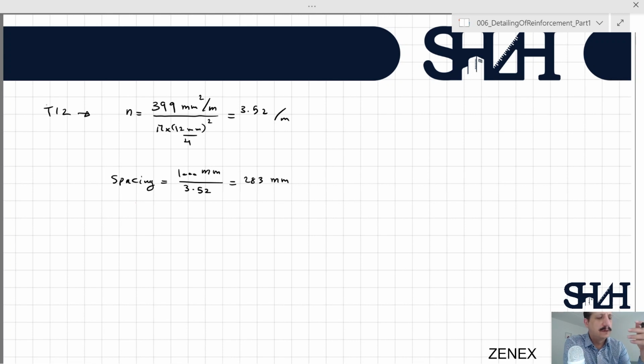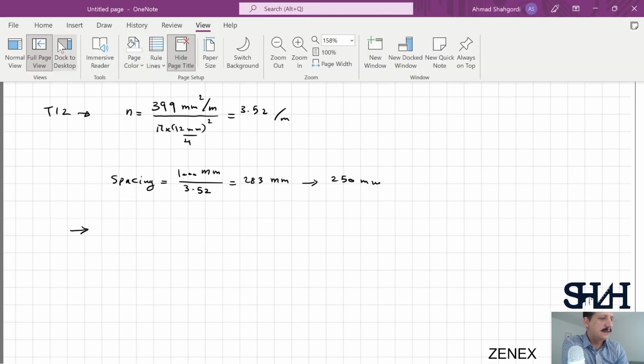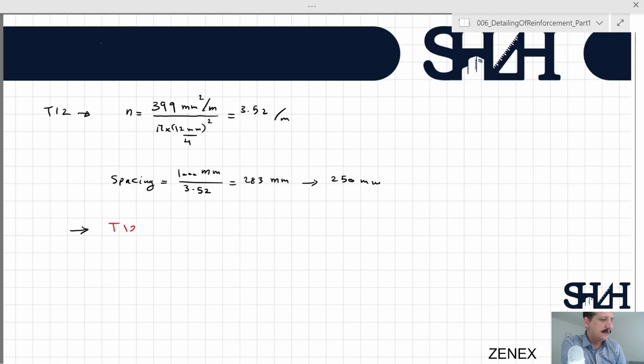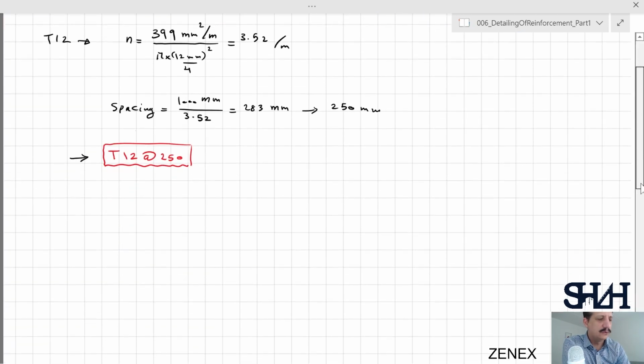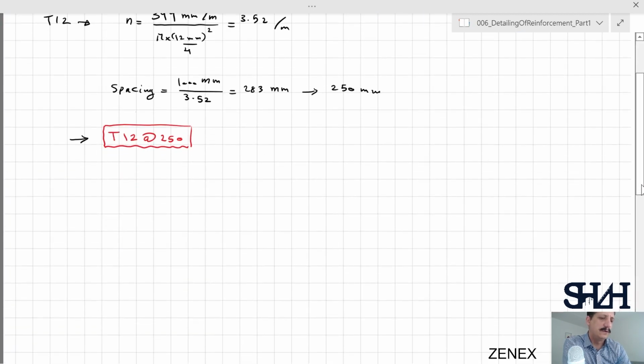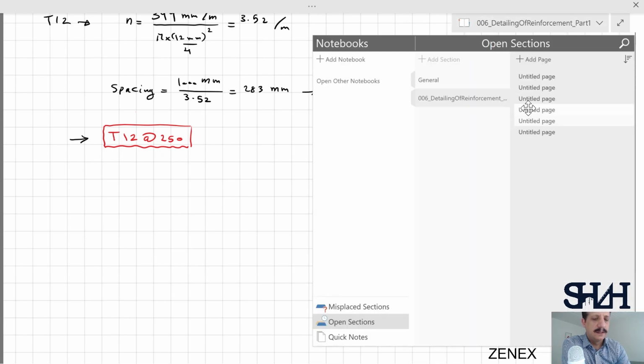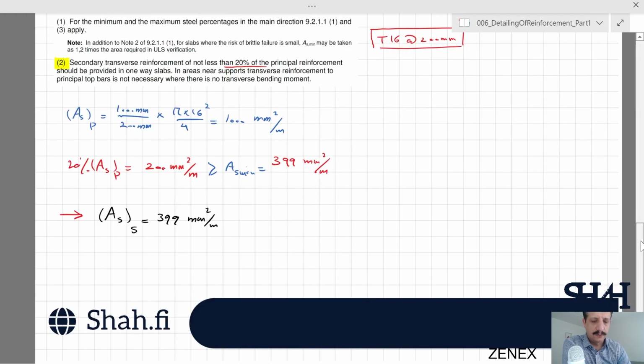We round it to a practical value, for example 250. As a result, the secondary reinforcement will be T12 at 250. So it means that every 250 millimeter we need to use one reinforcement of 12 millimeter. Then we need to check the spacing to follow the regulation.